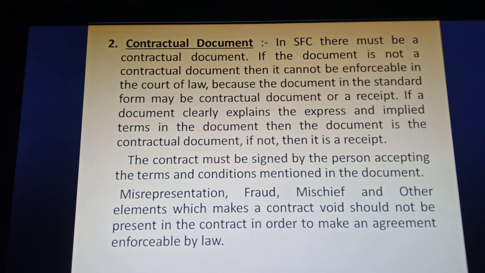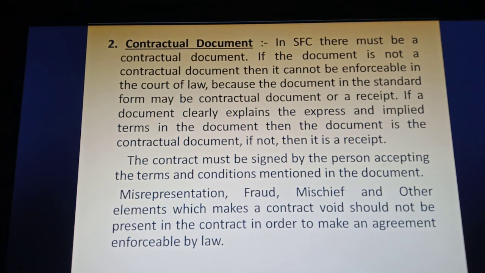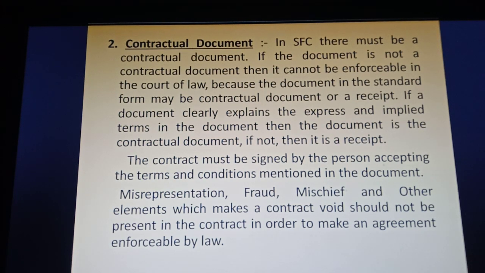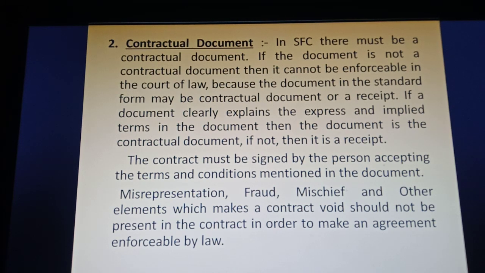And the second important rule which is laid down by the courts and legislature is that the document which is proposed to be a contract must have the characteristics of a contractual document, because documents can be divided into two categories. One category is called a contractual document and the other type of document is called only a receipt.